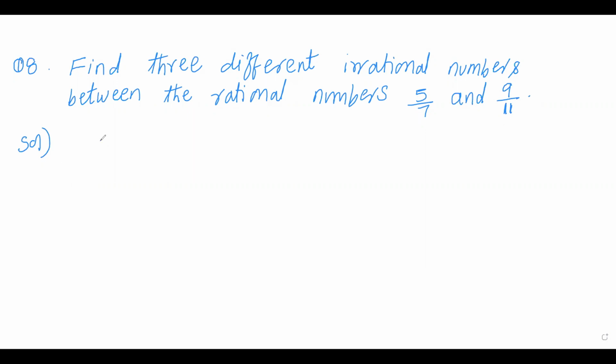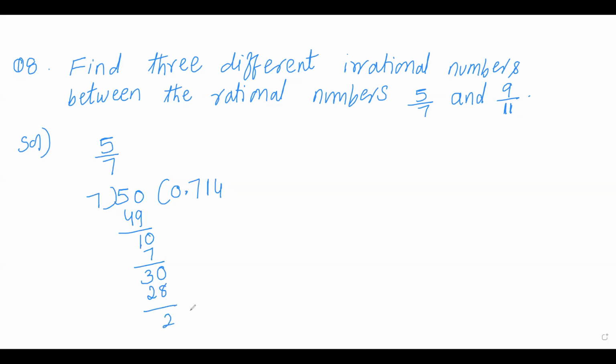So first of all, take 5 by 7, divide 5 with 7. 7 7s are 49, we get 1 0, 7 1s are 7, 7 4s are 28. So 5 by 7 is 0.714, so on.